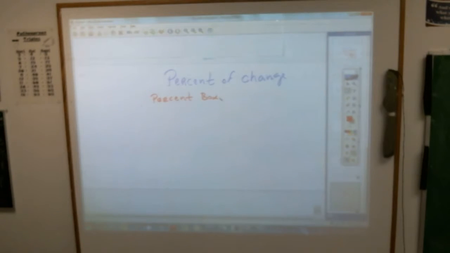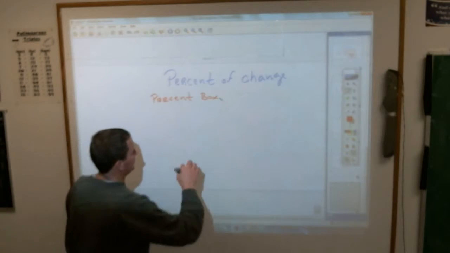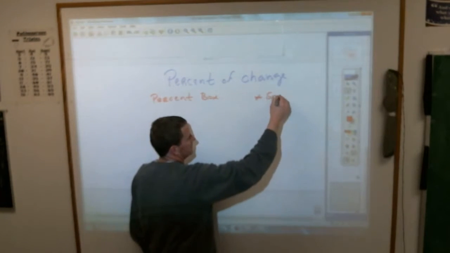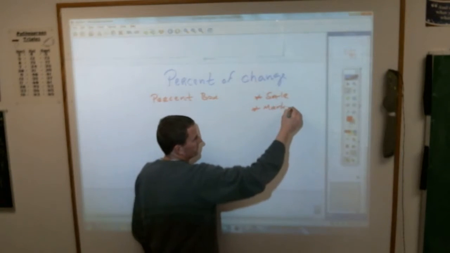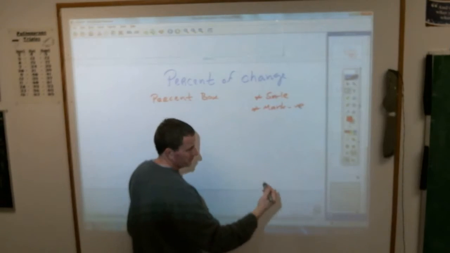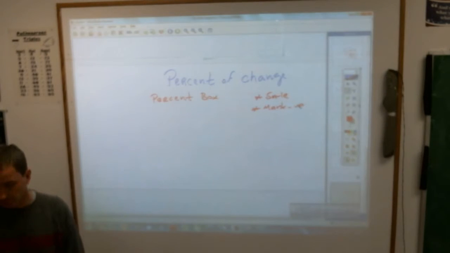A store doesn't sell the jeans for the same price that it pays for it because it needs to make money. So it has to mark up the jeans. So when you think percent of change, think about something on sale is a percent change. Something marked up is a percent of change. Even a tip could be a percent of change. Let me give you an example.